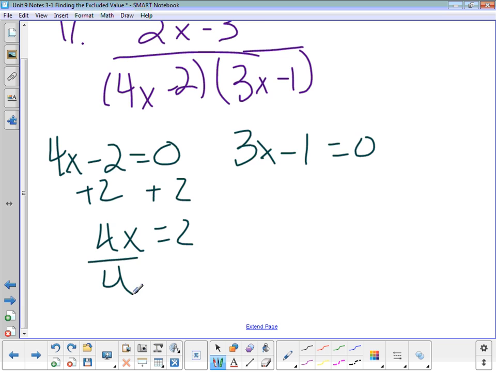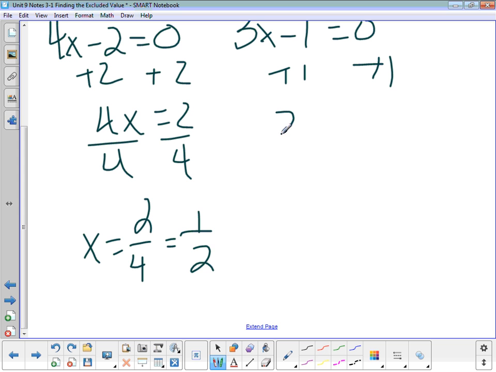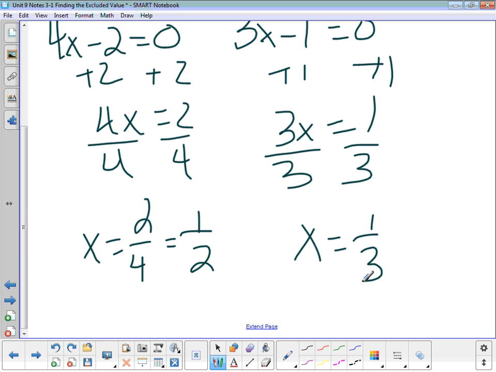Here I'm going to divide both sides by 2, and I get 2/4. We want nice reduced fractions, so we can divide both by 2, and that's 1/2. Here I'm going to add 1 to both sides, and I get 3x is equal to 1. Divide both sides by 3, and you get that x is equal to 1/3.